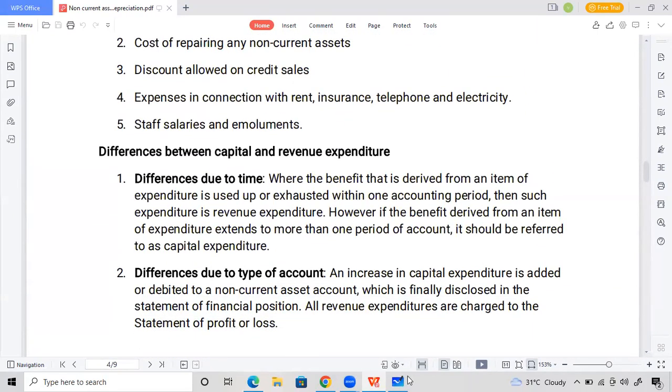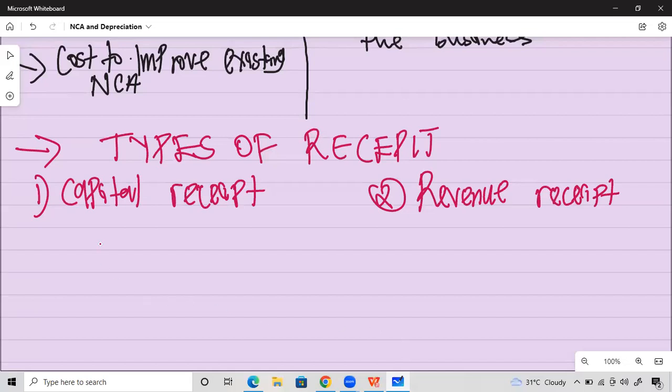We also have what we call types of receipts. We have what we call capital receipts, and we also have what we call revenue receipts.